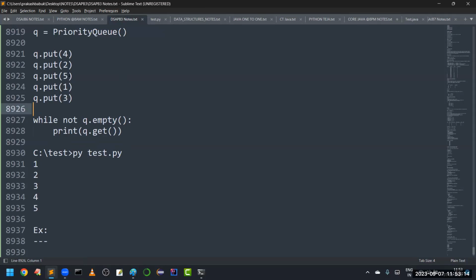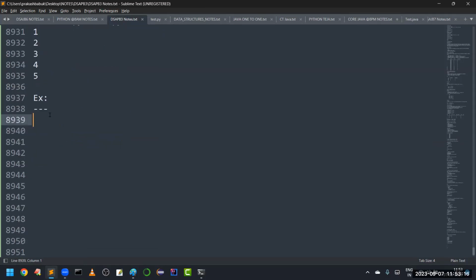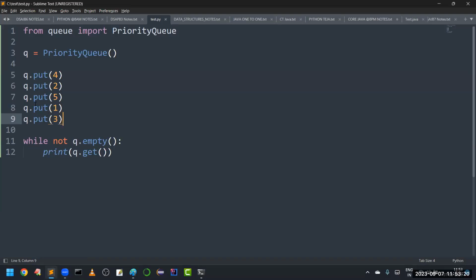Sir, is it possible to do this with collections like list or tuple? Yes, you can do that. Here I am taking 4 comma, with some content like read. This is something like a tuple, right?